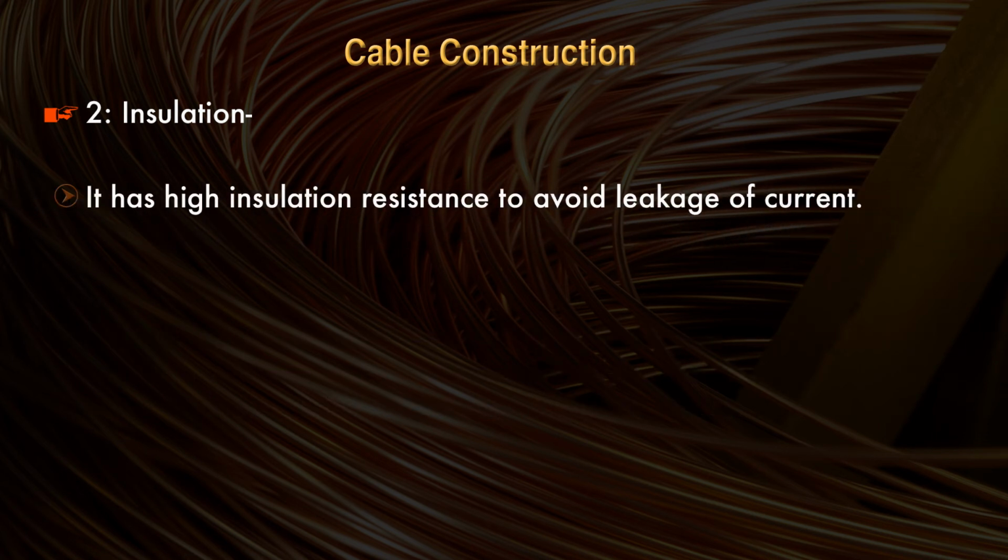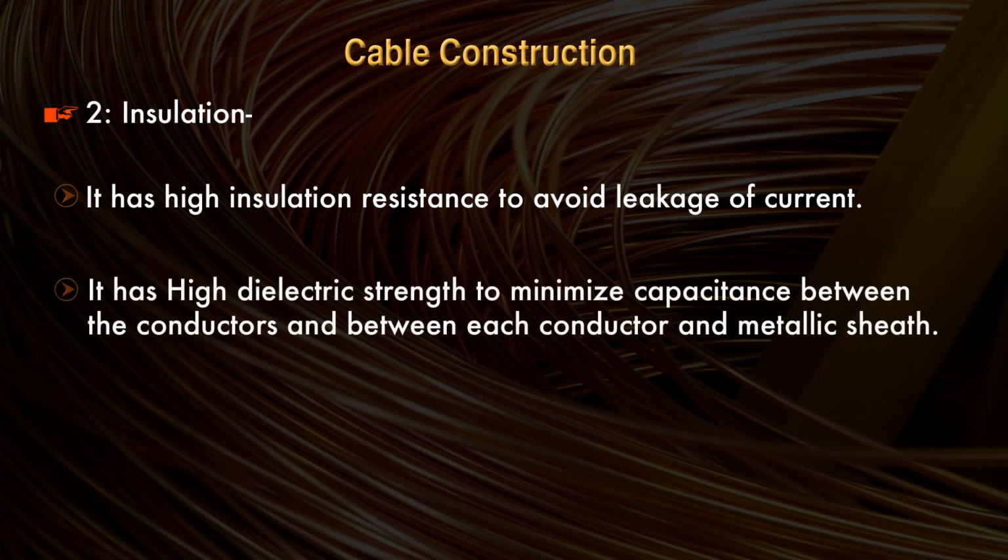It has high insulation resistance to avoid leakage of current. It has high dielectric strength to minimize capacitance between each conductor and the metallic sheath. It has good mechanical strength also.